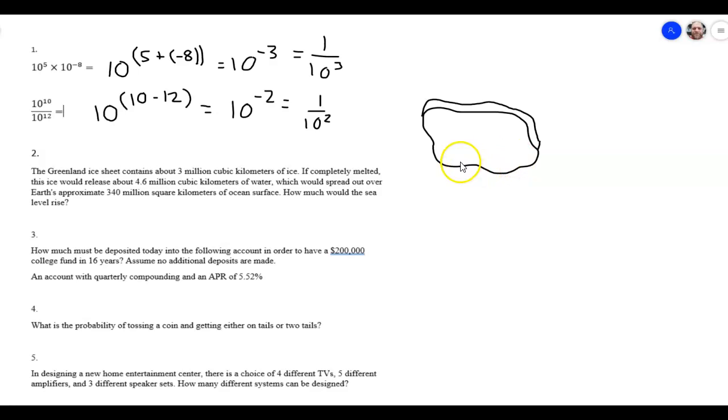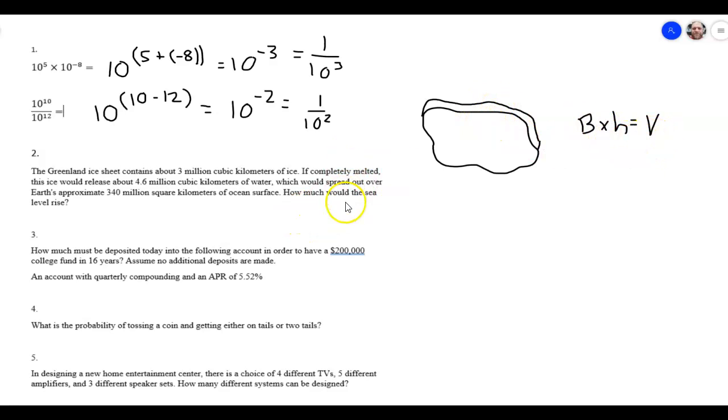When we find the volume of any shape like this, we can always write it as the area of the base times its height is equal to its volume, right? So if we find the area of the sheet and multiply it by its small height, that's going to give us our volume.